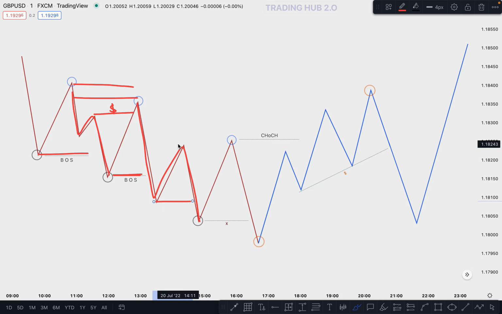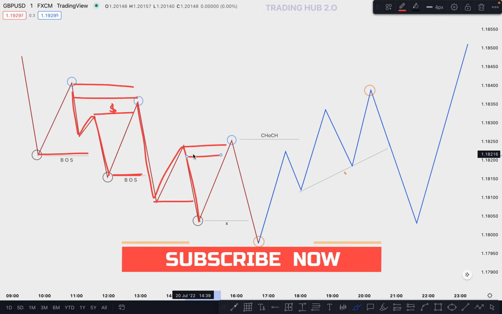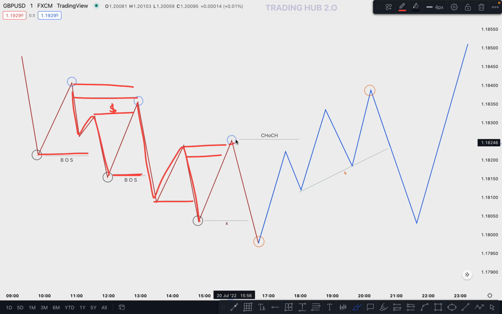This one is just inducement to induce people to sell here. And then the same thing happens here, everyone tries to sell here. This is our inducement, and after taking out this high you can see market pushes downside, correct?